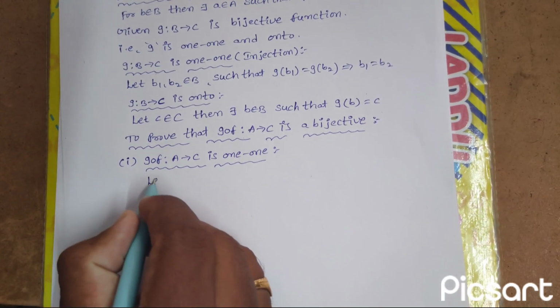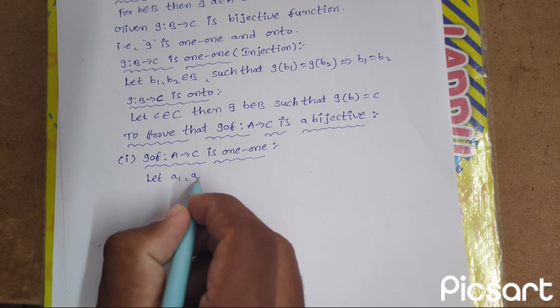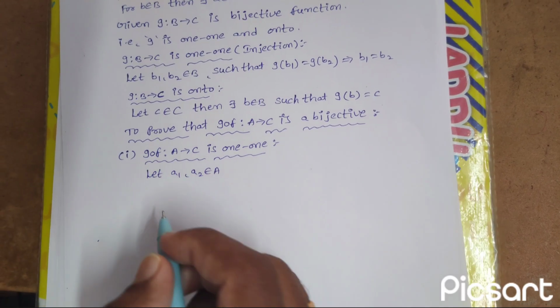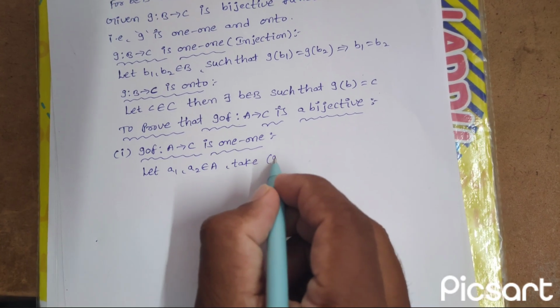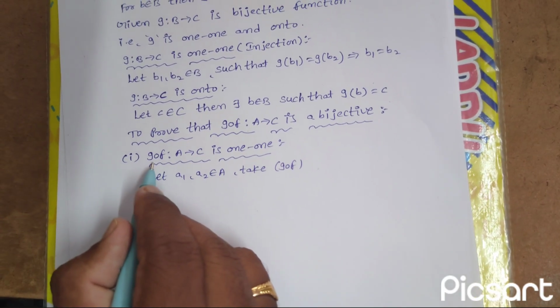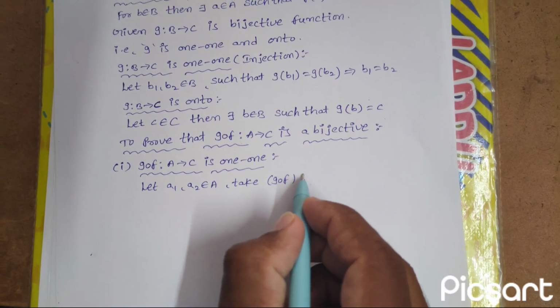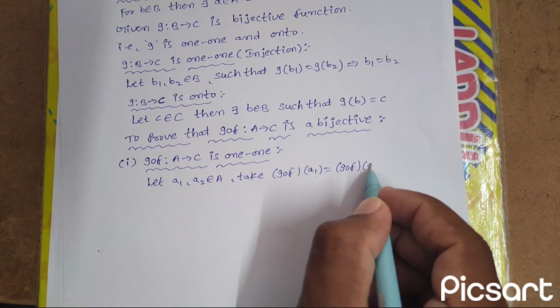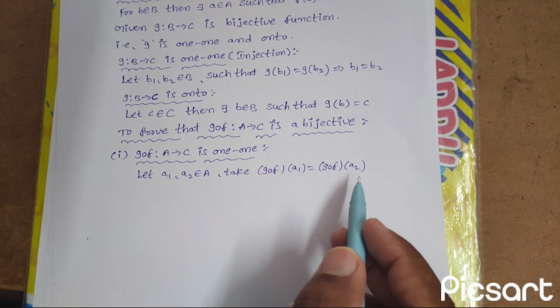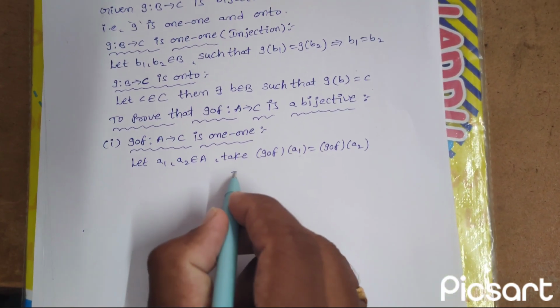In this domain, take two elements, small a1, small a2 belongs to capital A. Take g circle f of a1 is equal to g circle f of a2. We can prove that a1 is equal to a2.